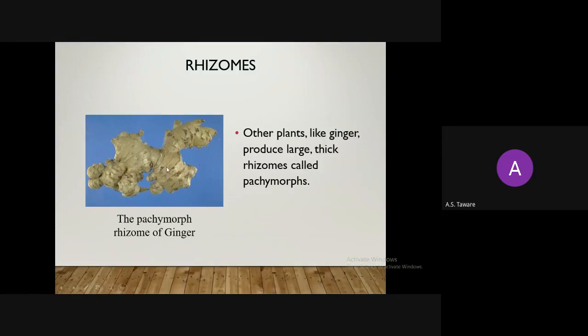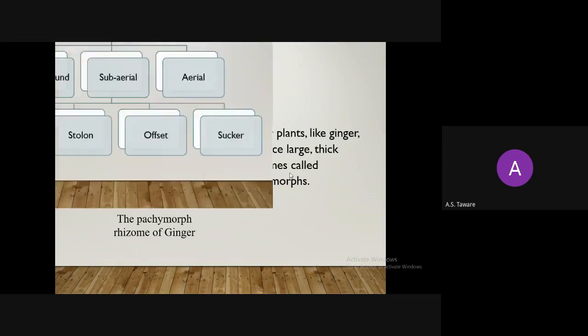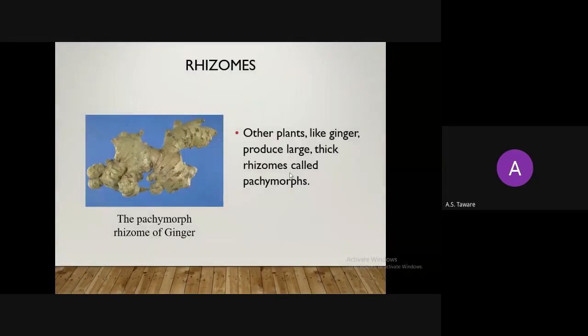If you plant this upper part, you get roots below and shoots above. Other plants like ginger, which produce large and thick rhizomes, are called pachymorphs. So these are the underground modifications: tuber, bulb, corm, rhizome. Good. Okay.